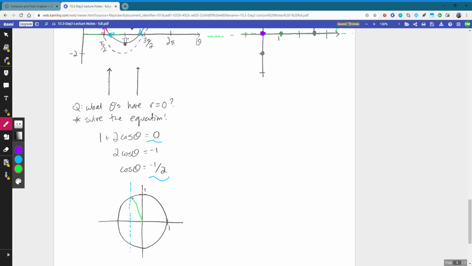That's going to be at pi over 3 and 2 pi over 3. And so those are our solutions here, at least between 0 and 2 pi.